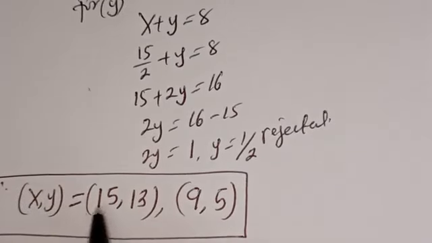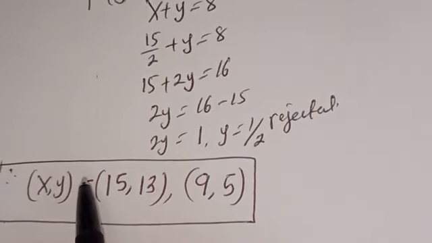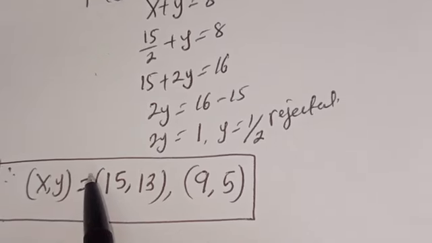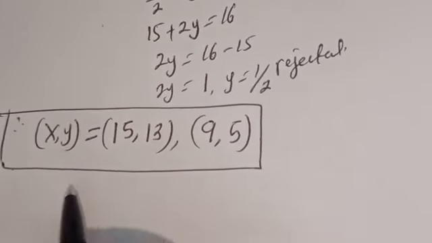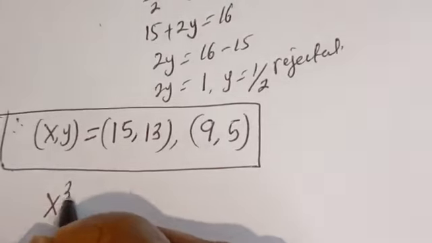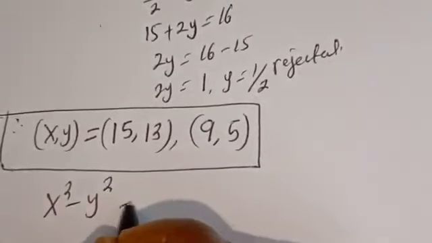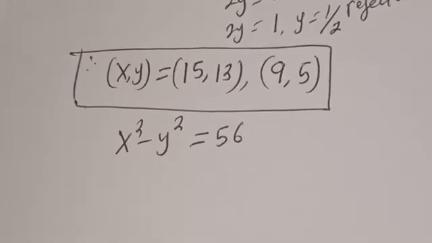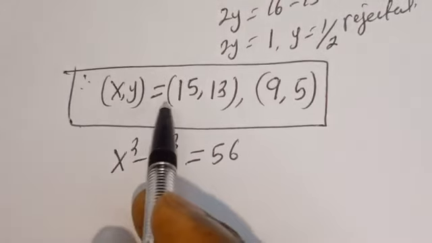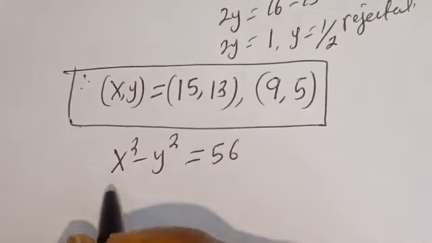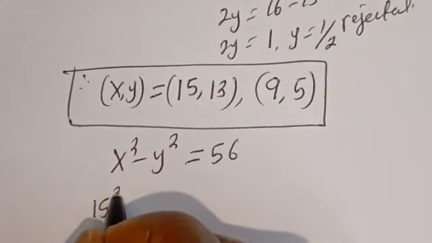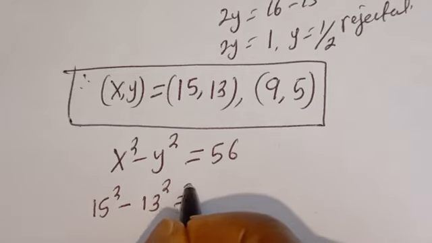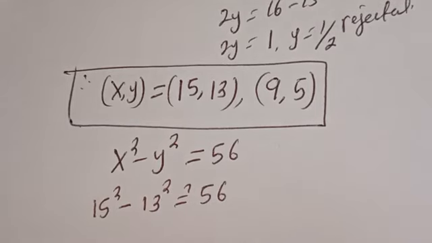We can check to confirm if this answer is right or wrong. Let's check. To check, we have the given equation x squared minus y squared is equal to 56. When x is equal to 15 and y is equal to 13, we have 15 squared minus 13 squared must be equal to 56.